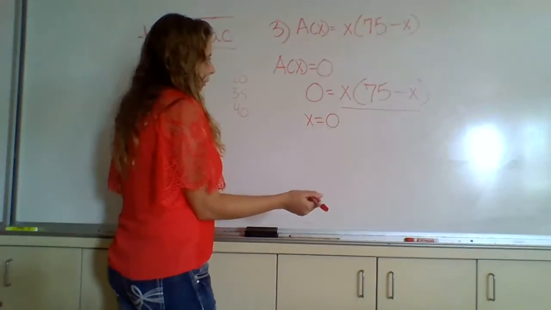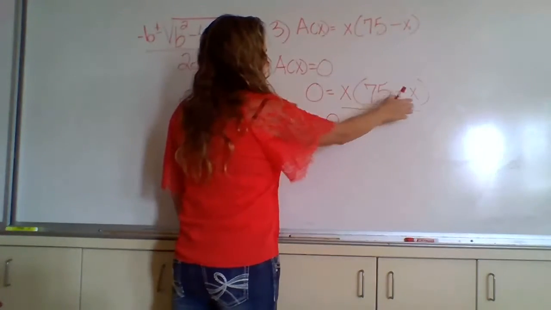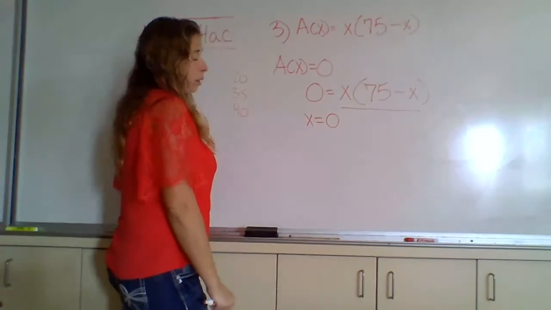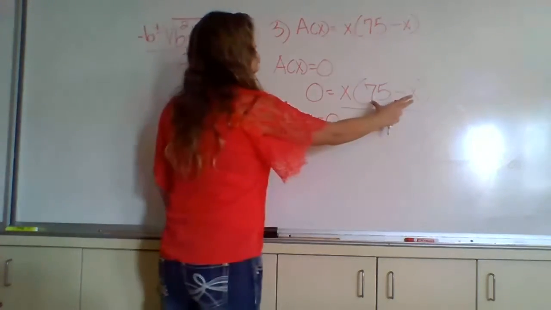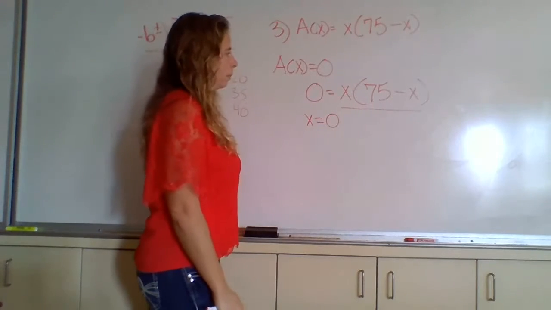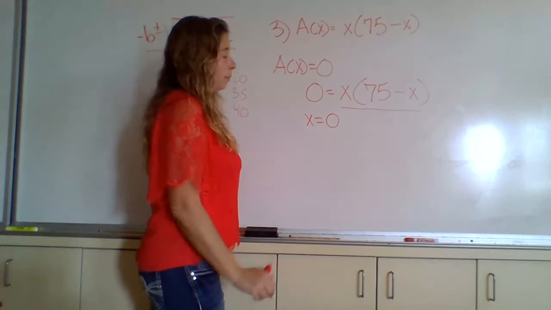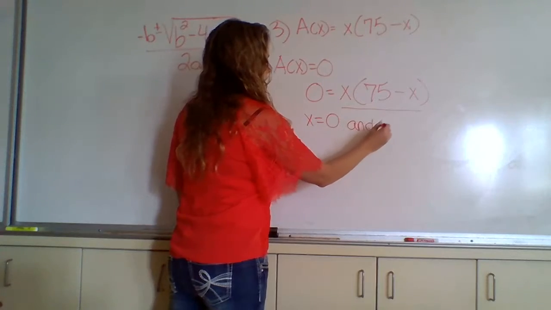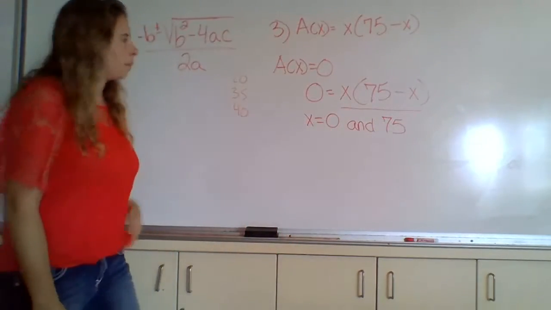So that's one answer. Your other one, what number can make this equal to 0? 75 minus x. What can I substitute in for x that would make this 0? Zero and 75.